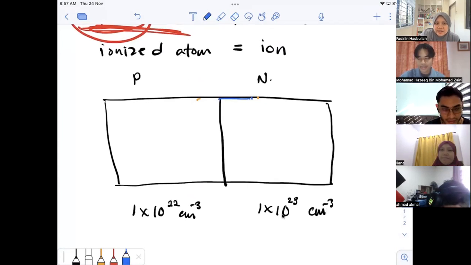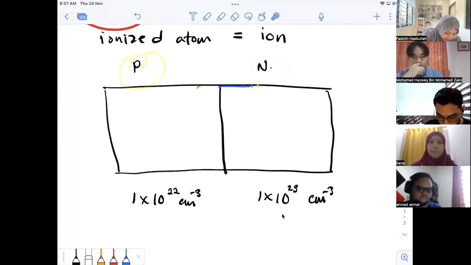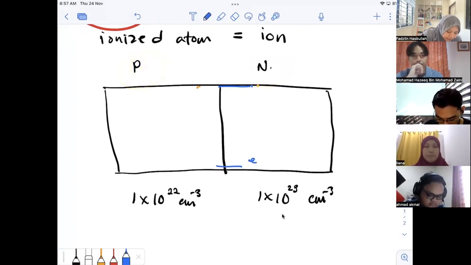Depletion region is when electron and hole diffuse, right? So in the N region, you have majority electrons. Here you have majority holes. So this electron here will diffuse over here and the hole will diffuse to the other side.